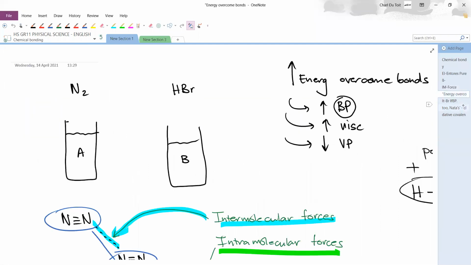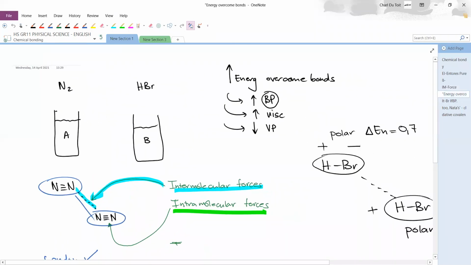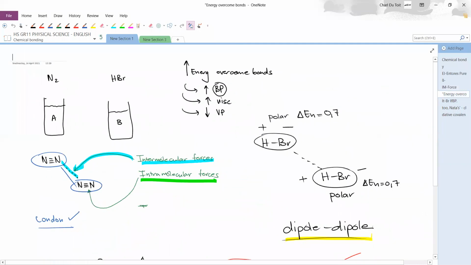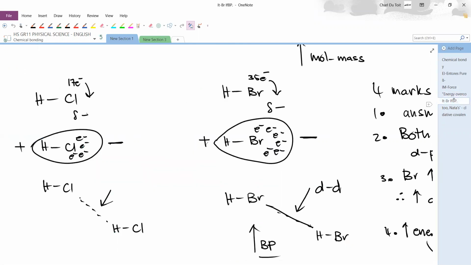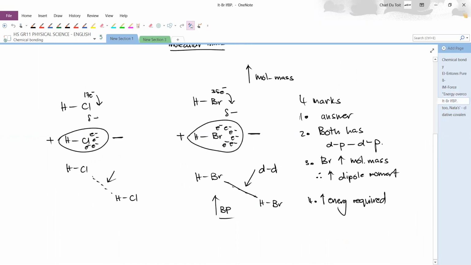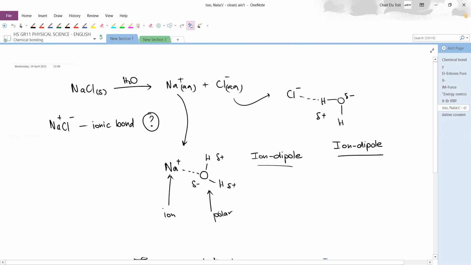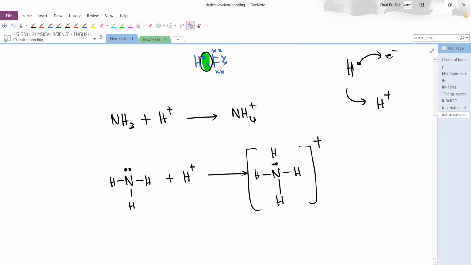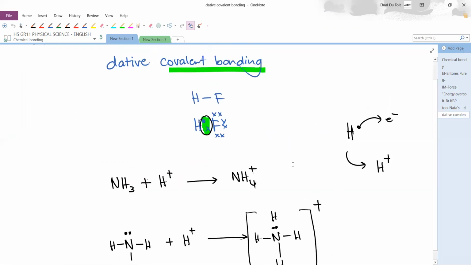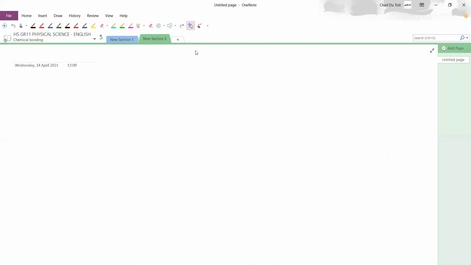Okay, so we've looked at reasons why some or other liquid has a higher boiling point than another one, comparing the same intermolecular force and also comparing different intermolecular forces. We've done it here. And this ion dipole I've explained, and we've also looked at dative covalent bonding. So we're just going to redo it.